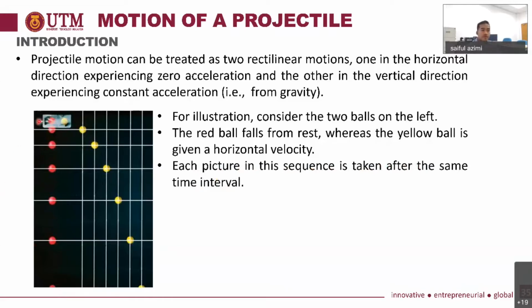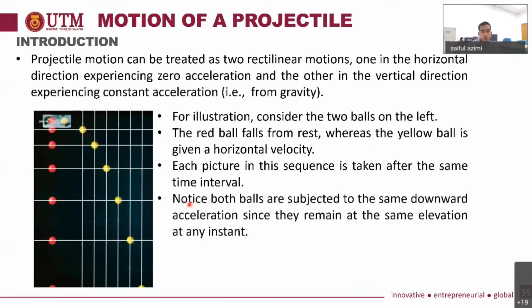For example, the first ball is at 1 second, the second ball at 2 seconds, the third ball 3 seconds, the fourth ball 4 seconds, 5 seconds, 6 seconds, 7 seconds, and so on. From here you can notice that both balls are subjected to the same downward acceleration. At 1 second, both balls have the same y-axis position, if it is in 2D.